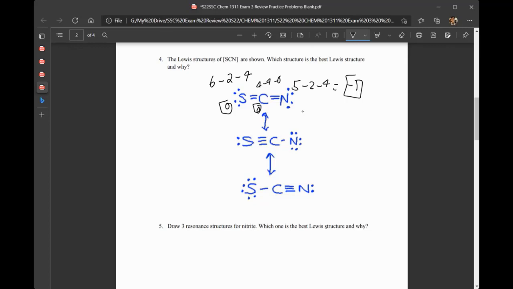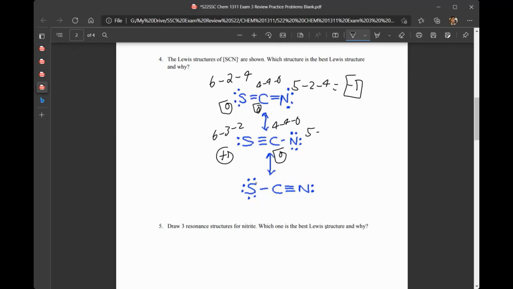So we're going to have to do that for all of them. For the second one, S is going to be, again, 6 minus 3 minus 2. That's just going to be a +1. The carbon is just going to be 4 minus 0, 0.